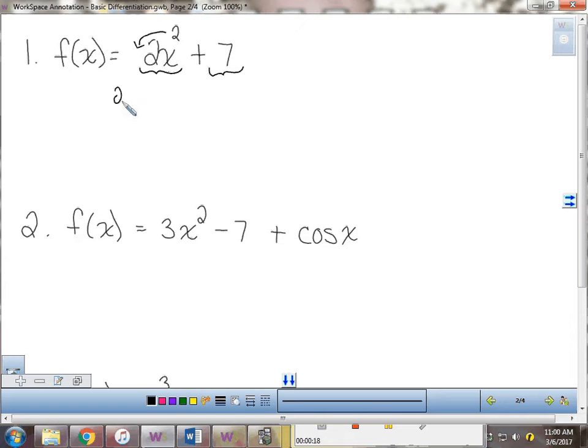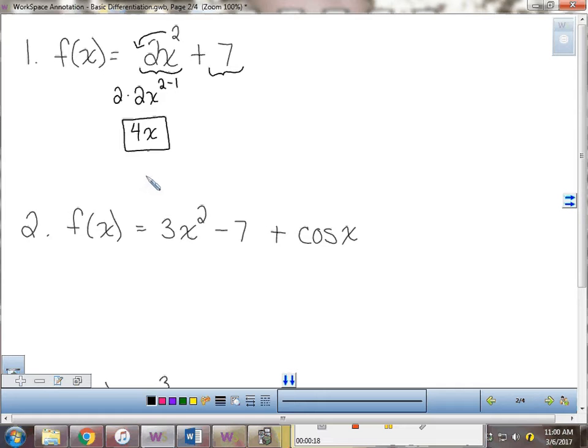So this would be 2 times 2x. And then you decrease this by 1. So I subtract 1 from it. When I do that, this would be 2 times 2 is 4x to the first. We don't write a 1 right there because it's understood to be there. When I take the derivative of the constant, that just equals 0. So the derivative of 7 is 0. So the derivative of this whole thing is 4x.